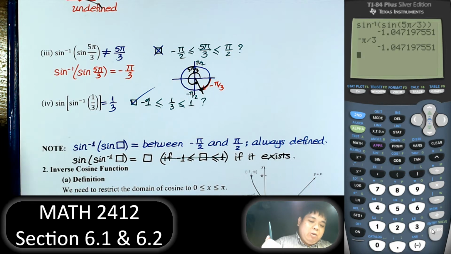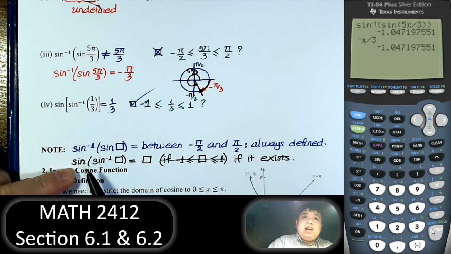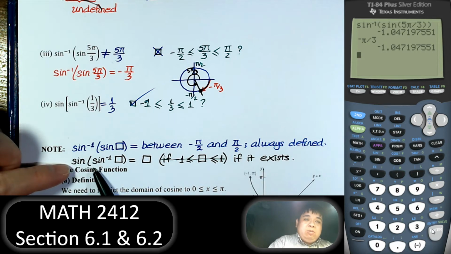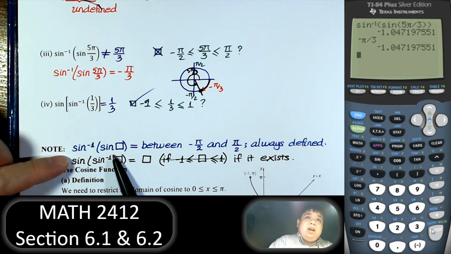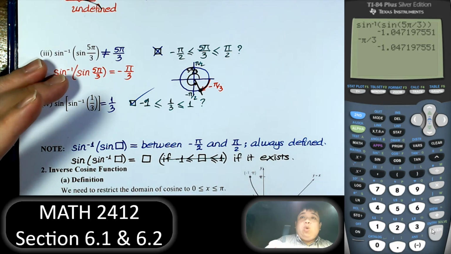Right? So think about it this way. I summarize it as follows. If sine and sine inverse exist, then they will cancel out. Sine inverse and sine may not cancel out, but it always exists.